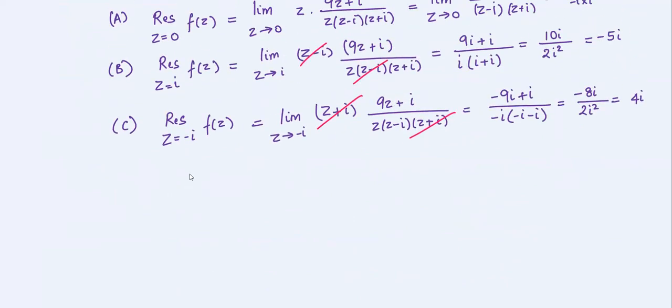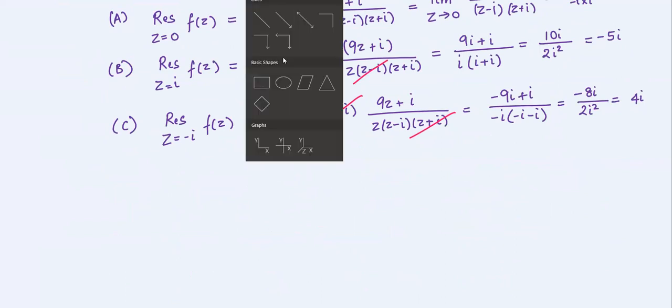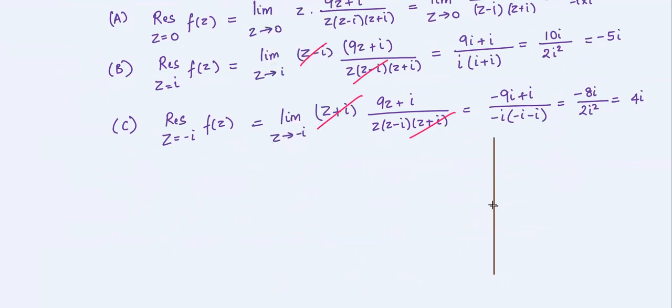Okay. So now, where are these residues? Now, where are the points of singularities? z equal to 0, z equal to i and z equal to minus i. Okay, these are the three points.